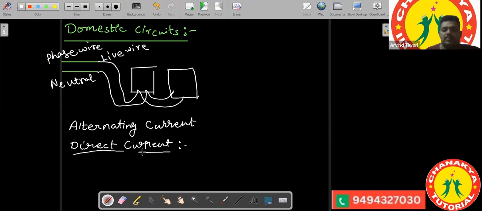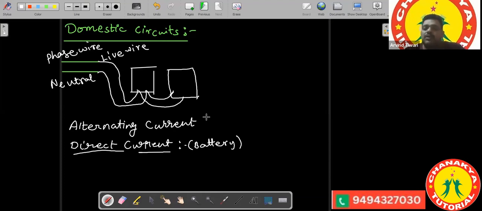DC current is obtained from a battery. Every time we make a battery or cell, it gives us direct current. Whereas alternating current is obtained from an alternator or a generator. Alternating current, or AC, keeps changing its direction. Okay.